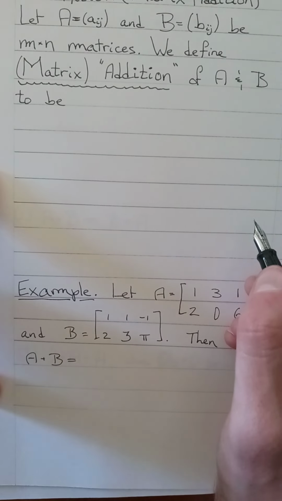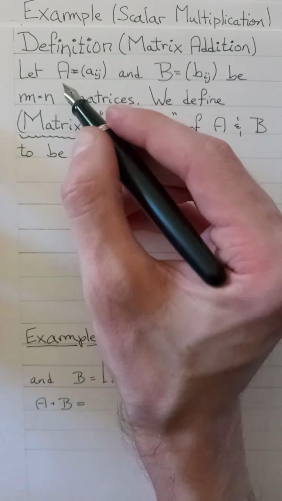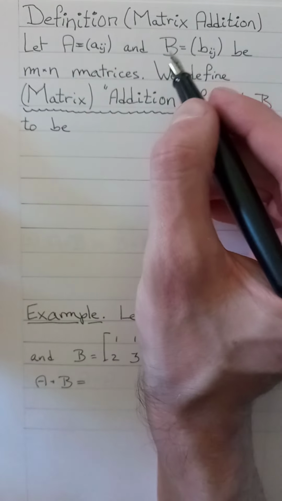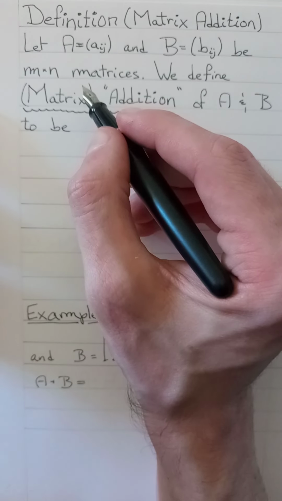So to start with, we have A and B are both m by n matrices. It's important that they're the same dimension.